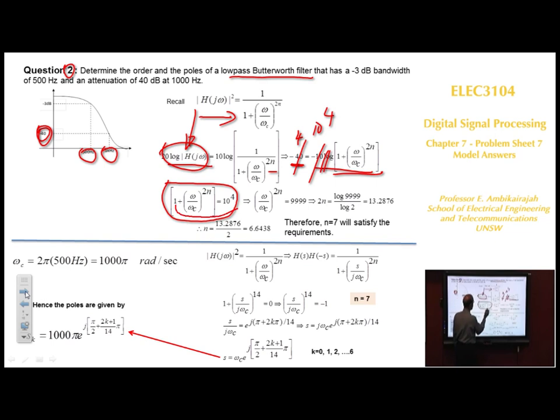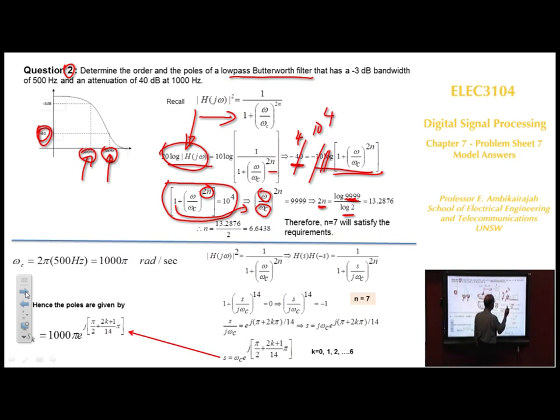Now bring this one to that side, and then you find 2n by taking the log. So 2n equals log 9999 divided by log 2. And from that, you substitute omega c is 500 Hertz and omega is 1 kilohertz, as we did before, correct?